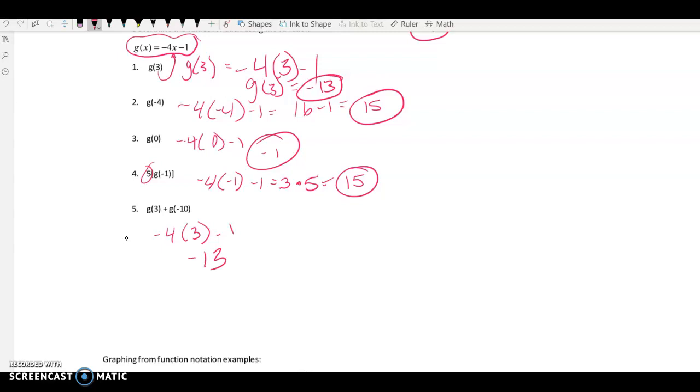Now, what about g of negative 10? They want me to add that sum of negative 13 to what's over here: negative 4 times negative 10 minus 1. Negative 4 times negative 10 is positive 40. Minus 1 is 39. So I should get negative 13 plus 39, 26 is my answer.